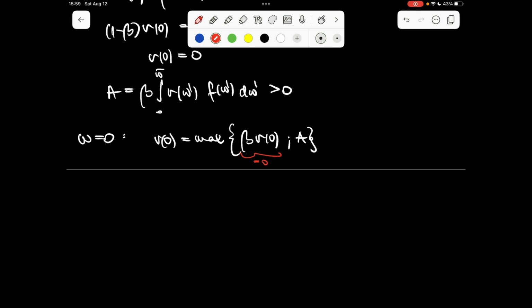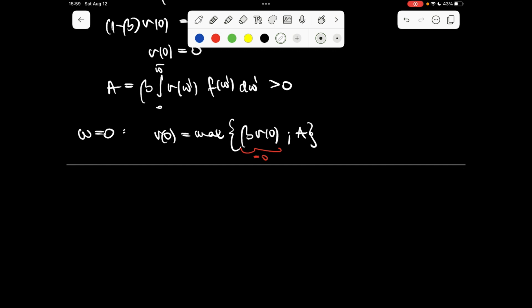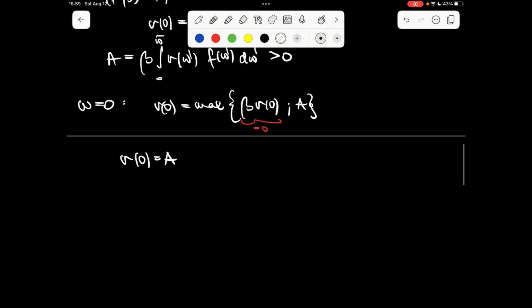This is 0. So it follows that the value function at 0 wage is A. Okay.